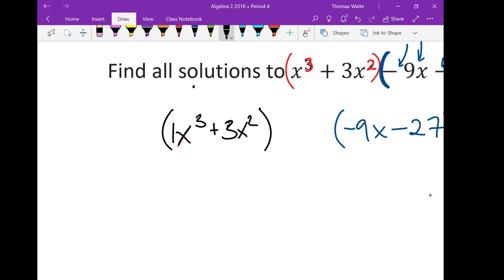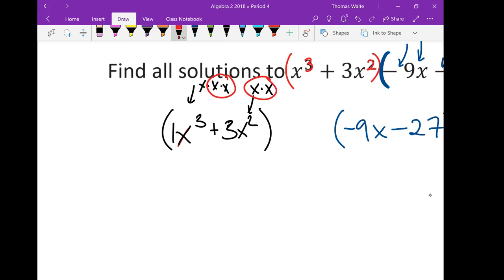We can think of x cubed as x times x times x, 3 x's multiplied together, and x squared is x times x. So they have, in fact, 2 x's in common. There are 2 x's in at least both of these terms.